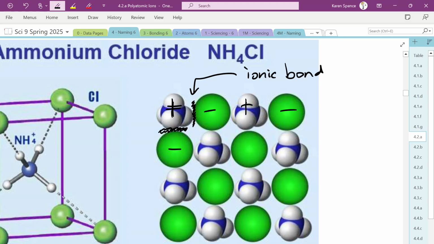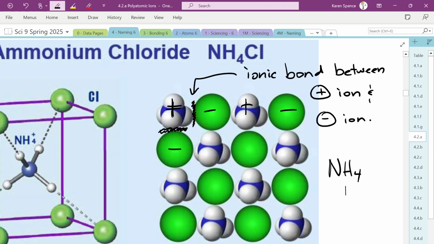Okay, so between the two ions is an ionic bond. And that is ammonium chloride. Ammonium has 1 nitrogen. It has 4 hydrogens. So its formula is NH4.